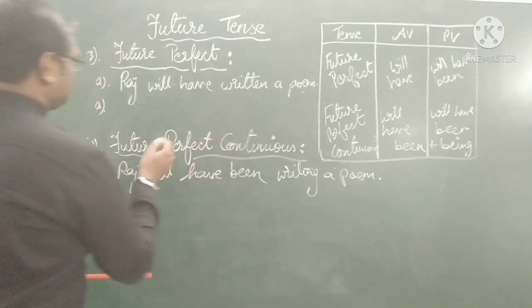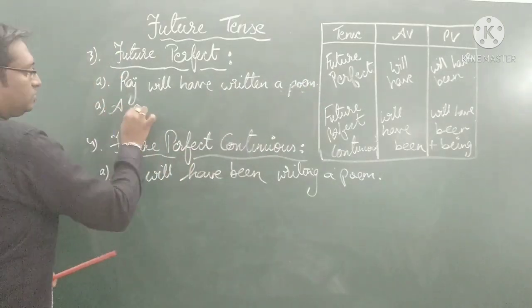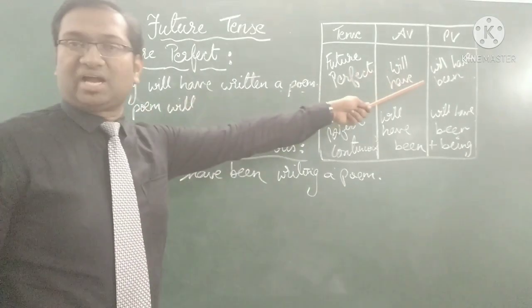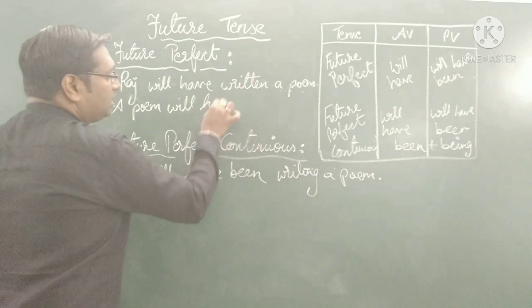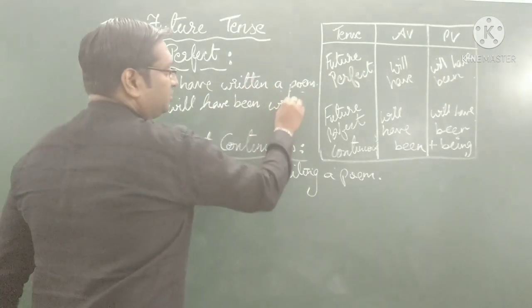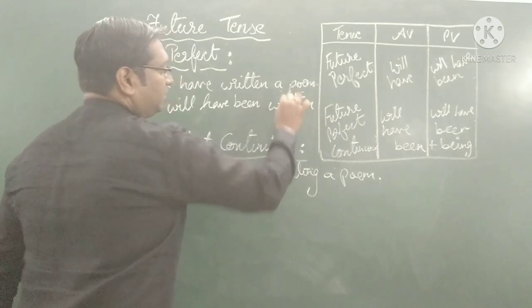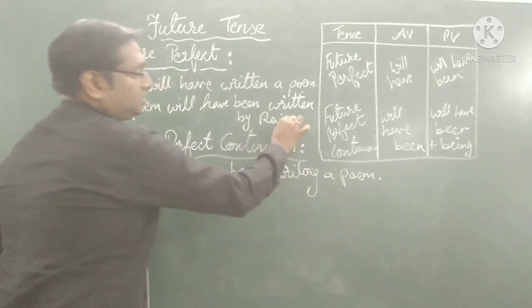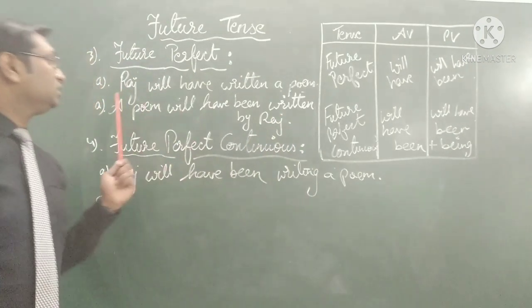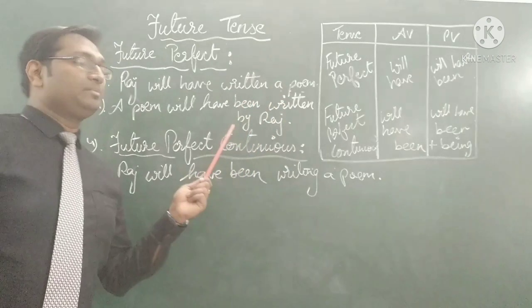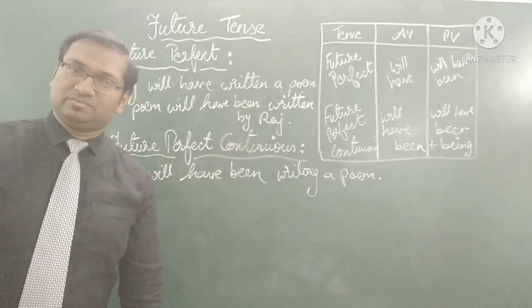Again, poem is your passive subject. A poem. This we are going to write: will have been. Third form of the verb, written by Raj. A poem will have been written by Raj.